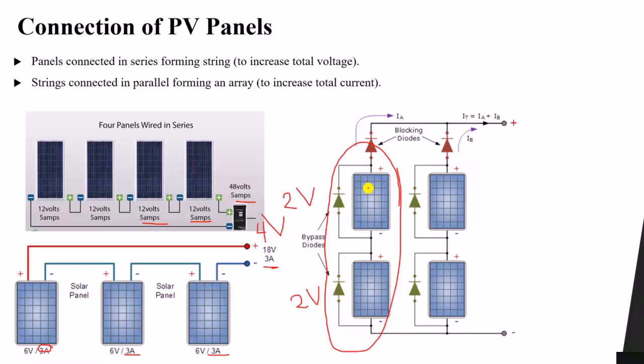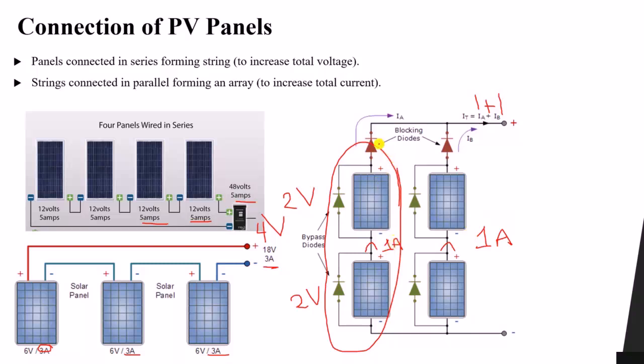Now if we connect one string in parallel to another string, and if these panels produce 1 ampere and those panels produce 1 ampere, then the parallel connection, which means we have an array, will give us the summation of the two currents. It will be 1 plus 1, which is 2 amperes.